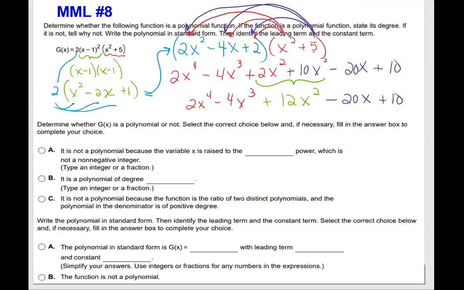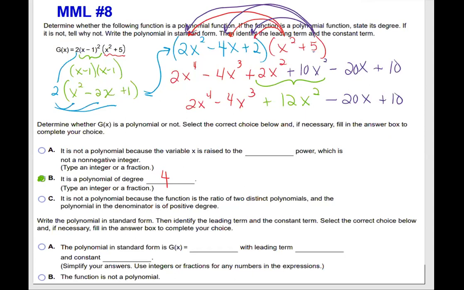Okay, so it is a polynomial, that is for sure. It is a polynomial of degree, the highest degree is the 4.